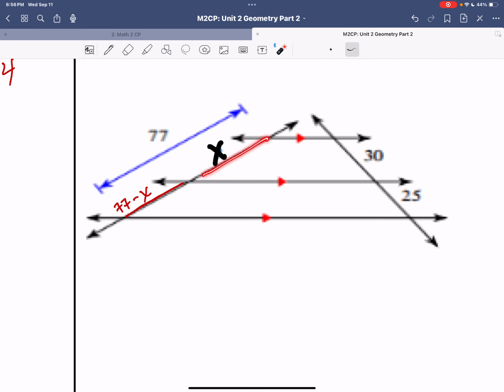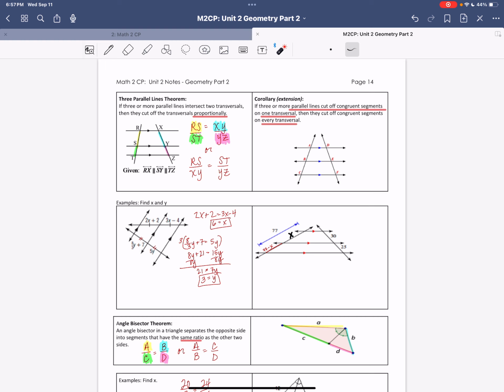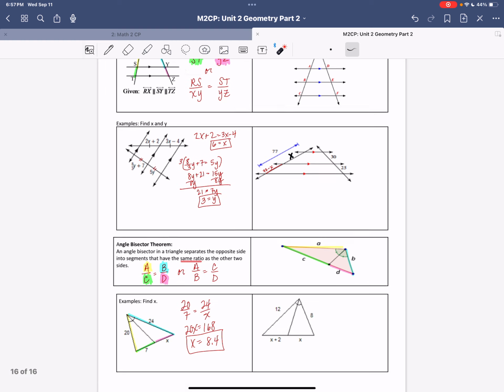Just make sure you're watching that those two should be equal, and if those are equal, then those two should be equal to each other. Remember, it gave us a total of 77, so to find this portion, you do 77 minus x. Your hint is to set up a proportion and solve for x, and if you did that correctly, you should have gotten x as 42.